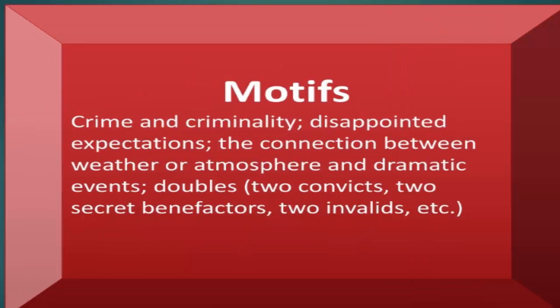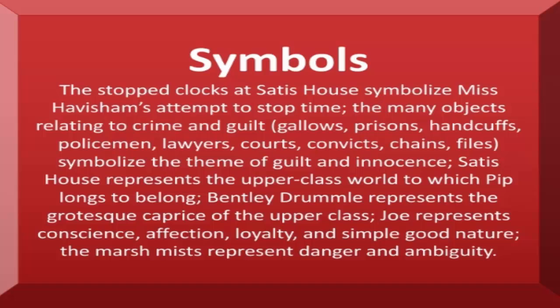The important motifs in Great Expectations: crime and criminality, disappointment, expectations, the connection between weather or atmosphere and dramatic events, doubles: two convicts, two secret benefactors, two invalids. There are many twos here. And now we talk about the symbols in Great Expectations. The stopped clocks at Satis House symbolize Miss Havisham's attempt to stop time.